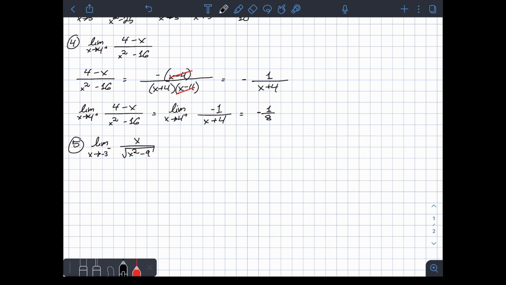And we can see that as we got closer and closer to -3 from the left, the denominator would become closer and closer to 0. This is a negative value, so it would be decreasing without bound from the left. It doesn't approach a specific value, so we say there is no limit.